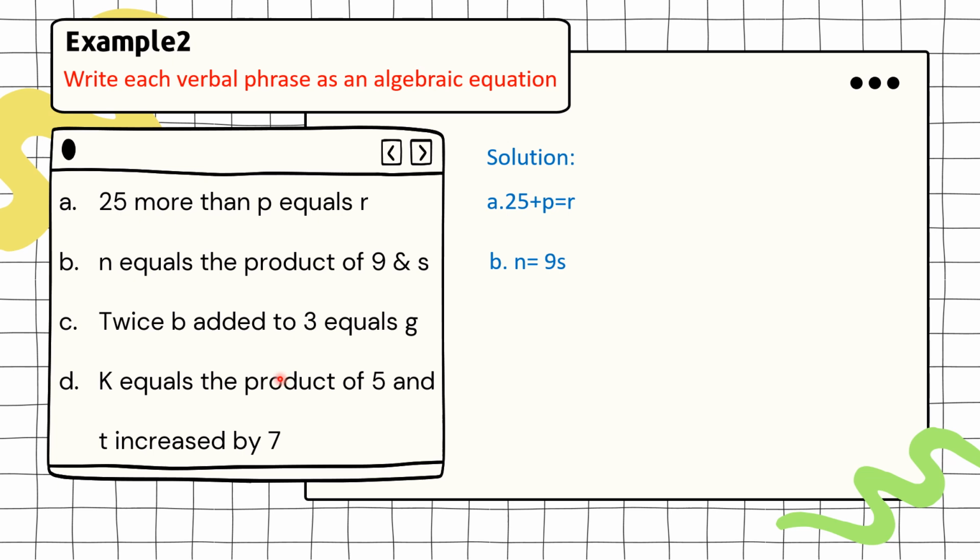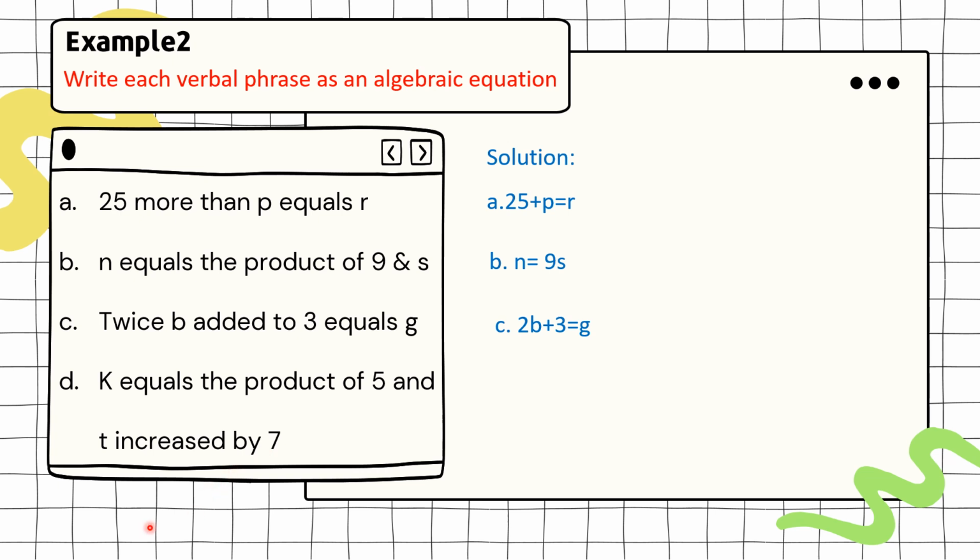Excellent. Now, twice B added to 3 equals G. So G equals twice B. How can we convert it? Excellent. 2 multiplied by B, and of course added to means plus 3. So 2B plus 3 equals G. Next, K equals the product of 5 and T increased by 7.